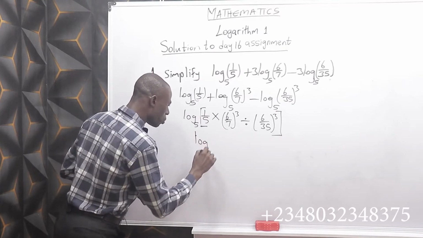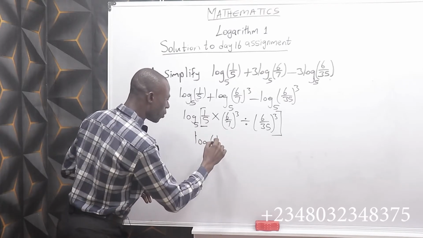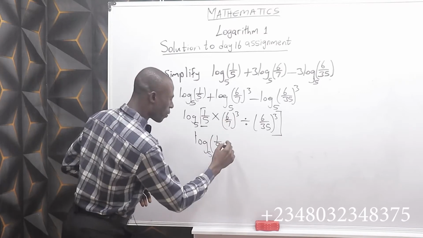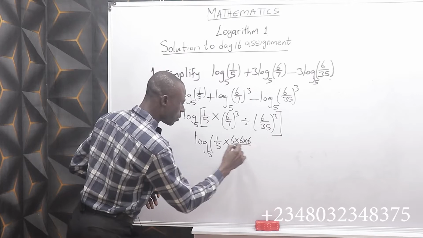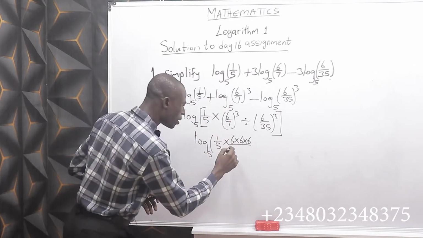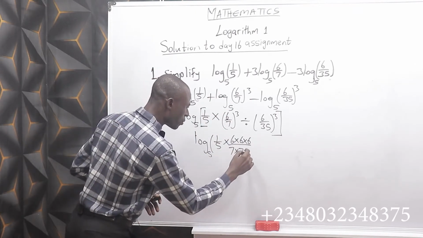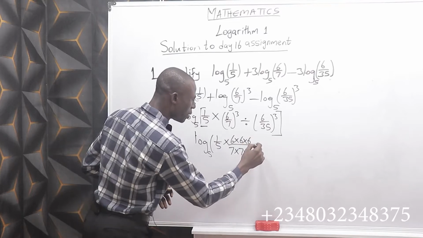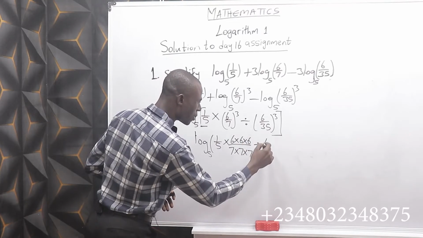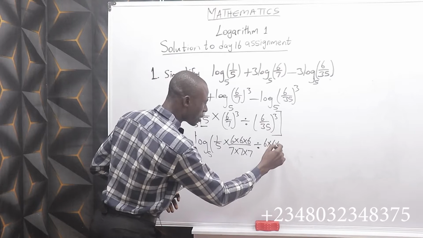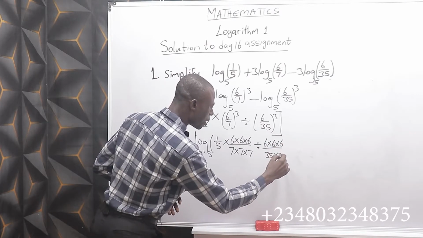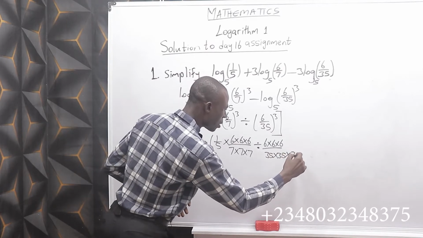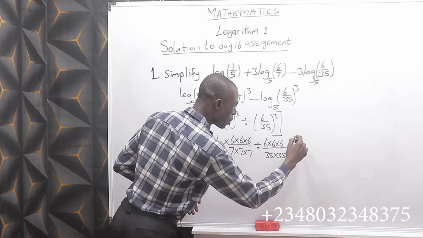So we continue by simplifying further. 6 raised to power 3 is 6 times 6 times 6 divided by 7 raised to power 3, 7 times 7 times 7, divided by 6 times 6 times 6, also 35 times 35 times 35 in brackets.